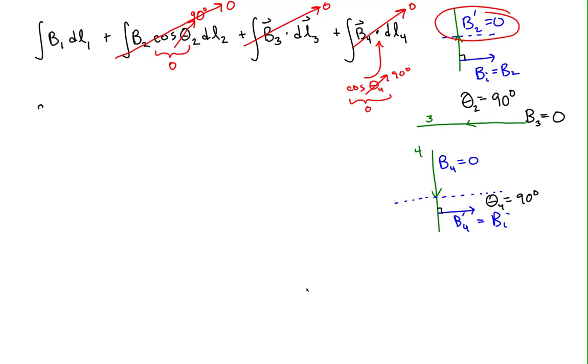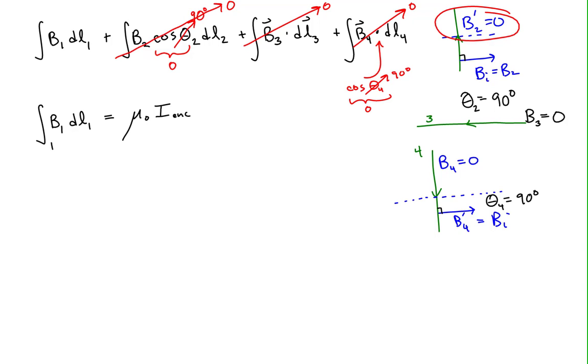This leaves us with just a single integral, the single line integral inside our solenoid. So the product of the magnetic field along path 1 and the length along path 1 is equal to the product of the permeability of free space times the current enclosed by our entire Amperian loop.